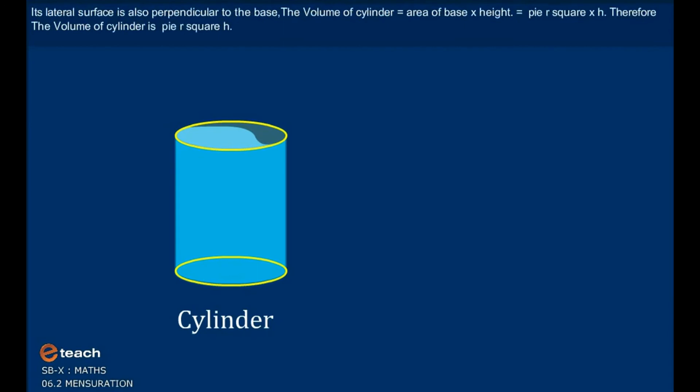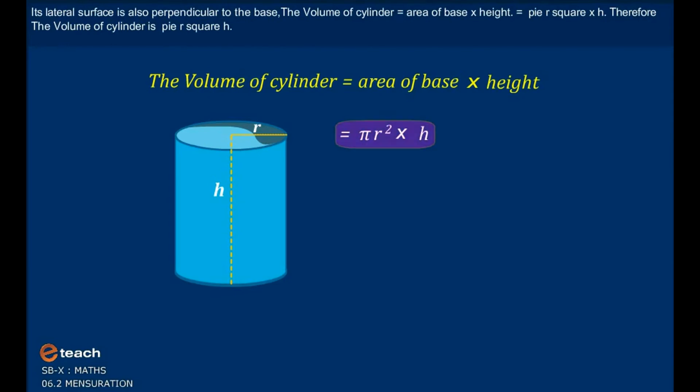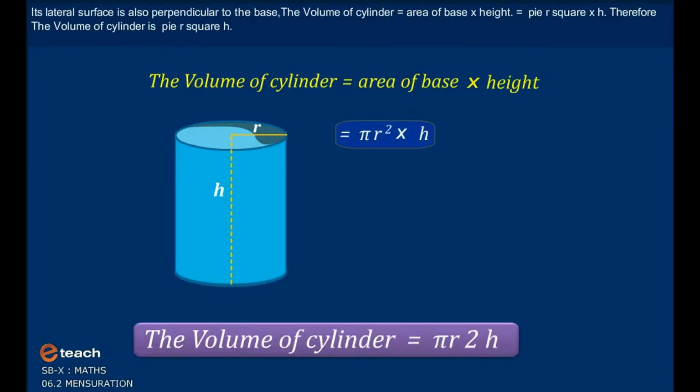Its lateral surface is also perpendicular to the base. The volume of a cylinder is equal to area of base into height, that is, pi r square into height. Therefore, the volume of a cylinder is pi r square h.